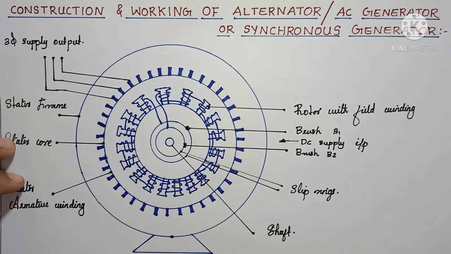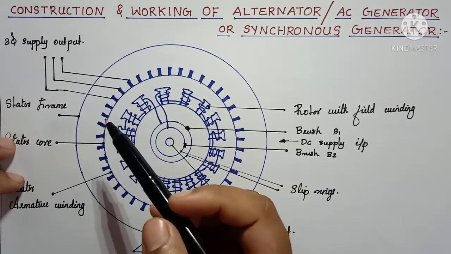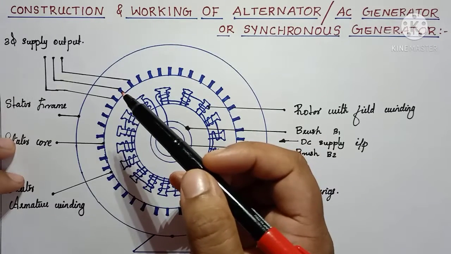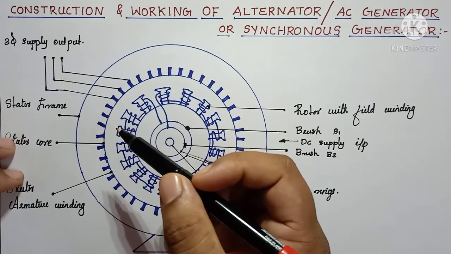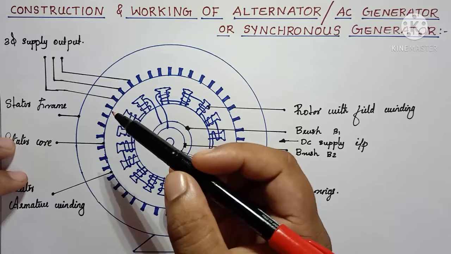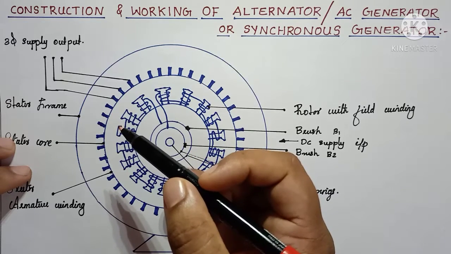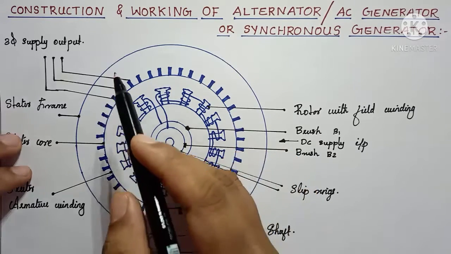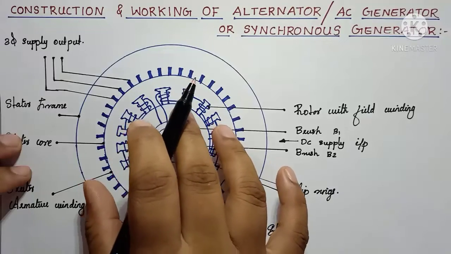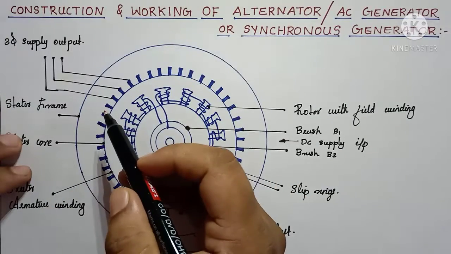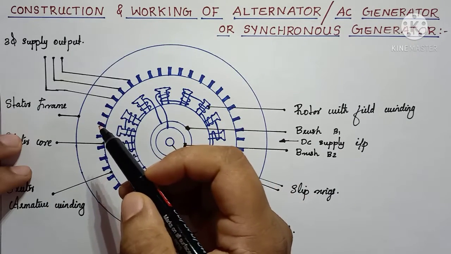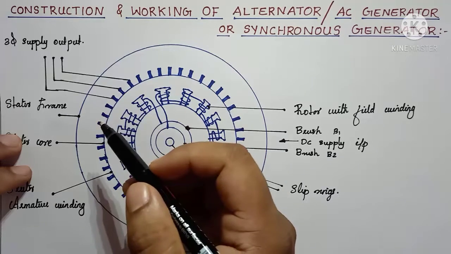One important point is that the stator of the alternator is always star connected. Why? Because there are some advantages. We know that voltage per phase is lower in star connection.